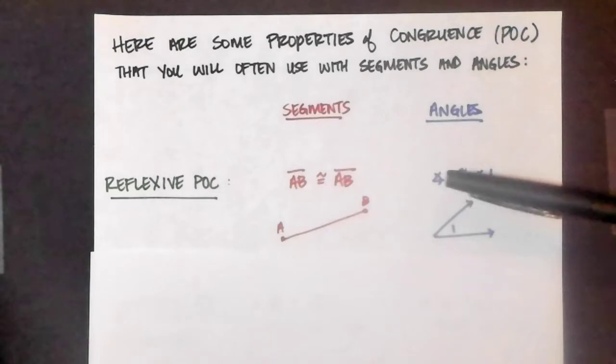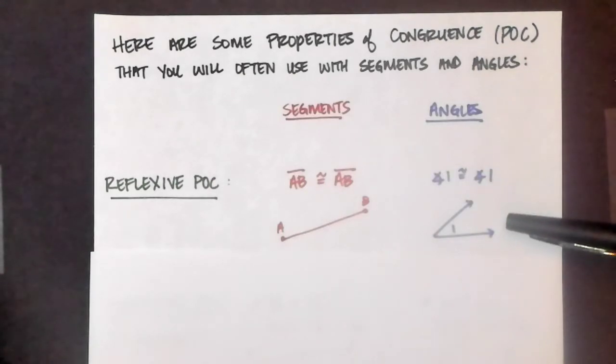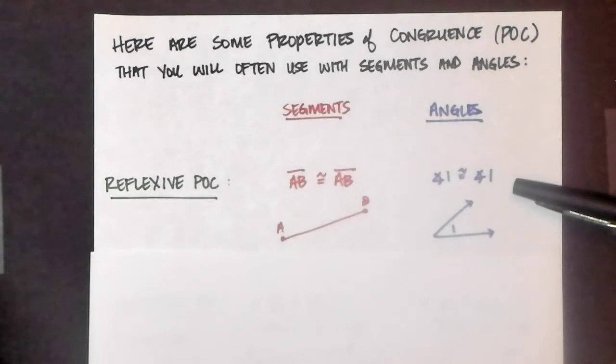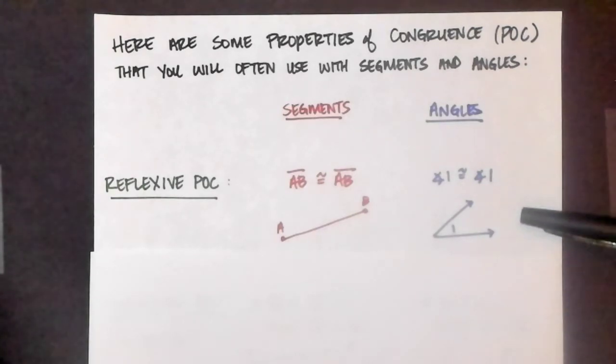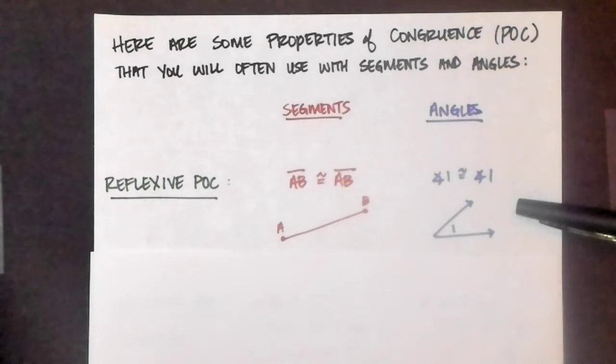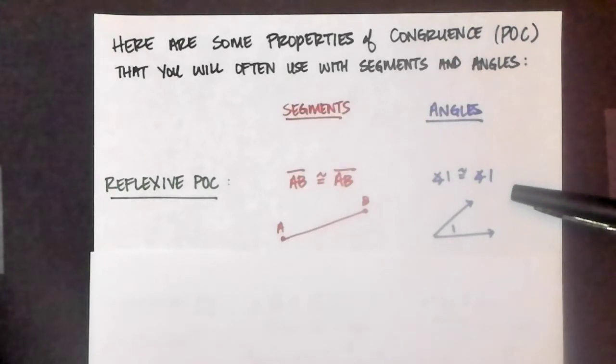It's congruent to itself. And likewise, here we have angle 1. Angle 1 is congruent to angle 1. Now, you won't really see this property of congruence used in this chapter, but in the future, when we are writing proofs of congruent triangles, you're going to use this quite frequently.